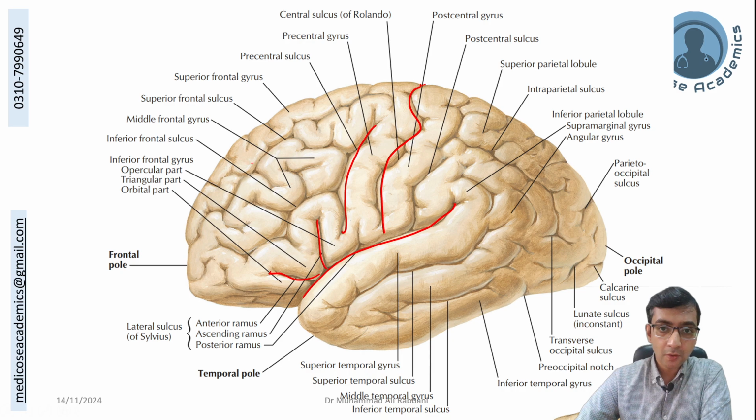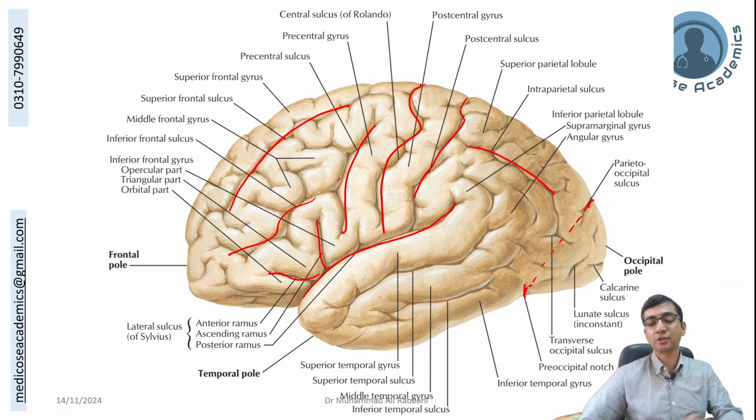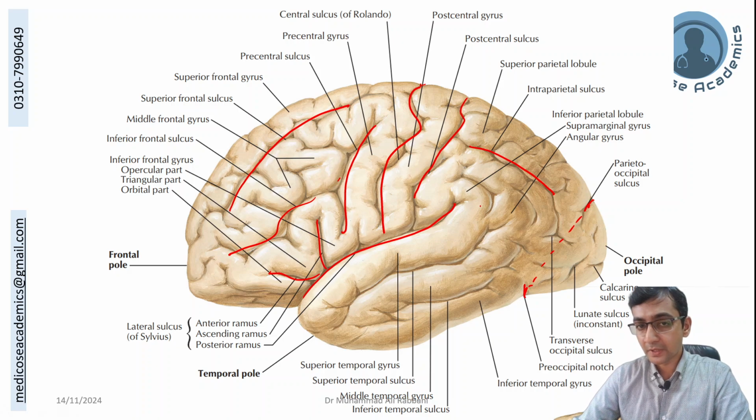There is the superior frontal sulcus and inferior frontal sulcus, and on the parietal lobe, the postcentral sulcus and intraparietal sulcus were prominent. At the occipital and parietal junction, on the superior margin we see the parieto-occipital sulcus, and on the inferior margin we see the pre-occipital notch, and the imaginary line between them demarcates the occipital lobe from the parietal lobe.